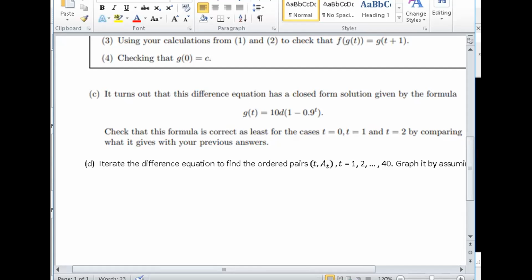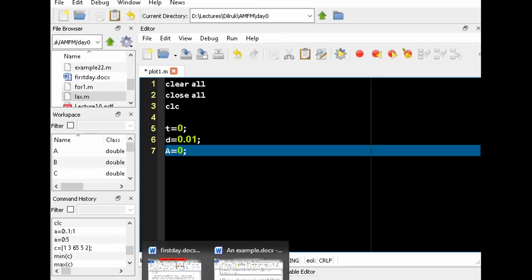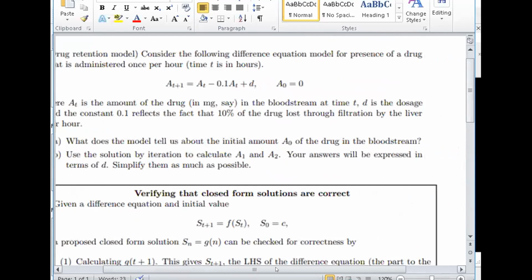So I will use a. I initialize this one to 0 because initially we had 0 amount of drug in the bloodstream at time 0.